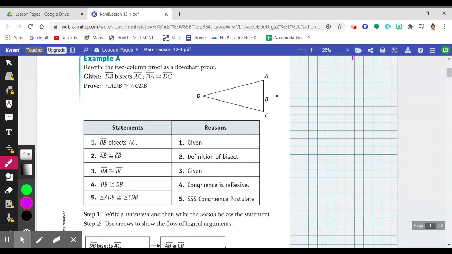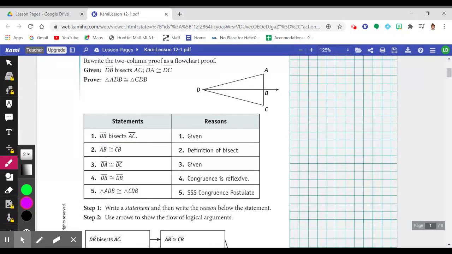Typically, unless we know it's a right triangle, we need three pairs of congruent corresponding parts. So let's see what information we have that leads to those three pairs. Number one, ray DB bisects AC, that's given.